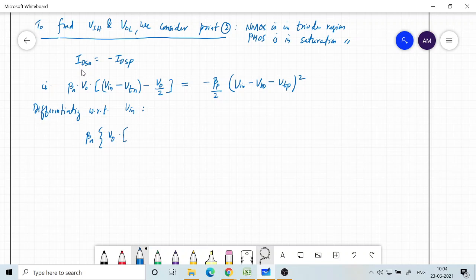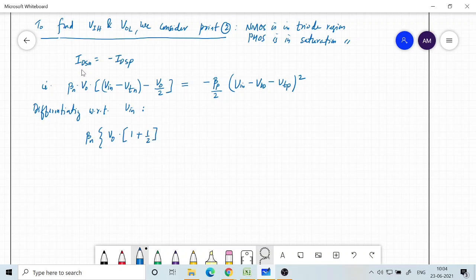You look at here, there is a 1, and then there is a dV0 by dVin, which is minus 1. So minus minus, it will become plus half. Okay, and let me put the other bracket.